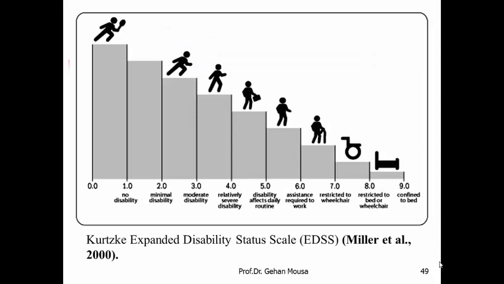This scale, as we see in this figure, ranges from 0 point to 9 point. 0 point represents in the high column the normal and healthy subject. There is an interval from 0 to 1 and 1 to 2, which represents minimal disability.